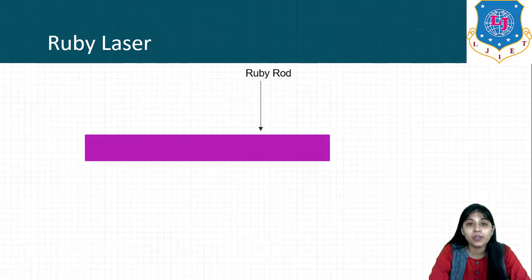So this ruby rod is a crystal of aluminium oxide, Al2O3, in which some aluminium atoms are replaced by chromium atoms, and these chromium atoms have metastable states which are available for lasing action.